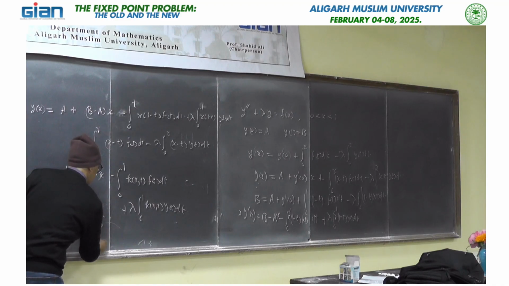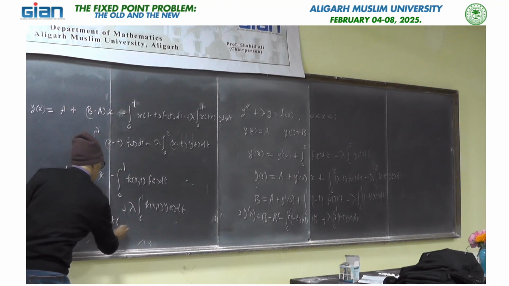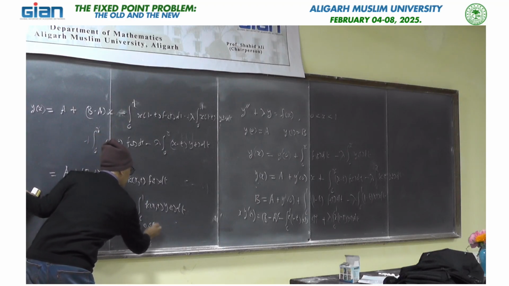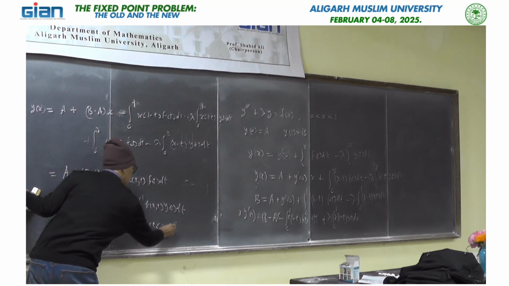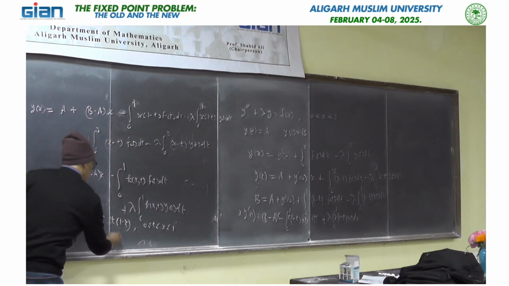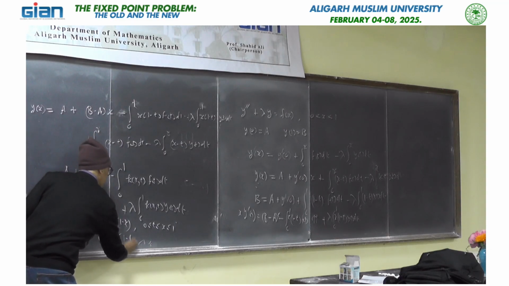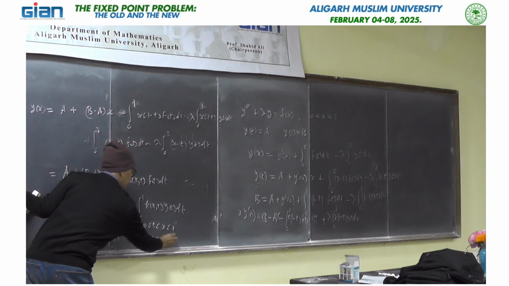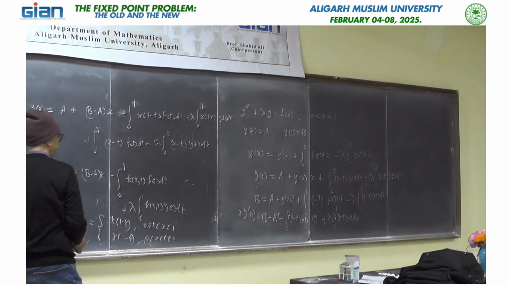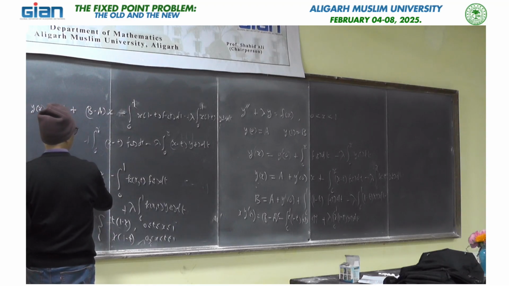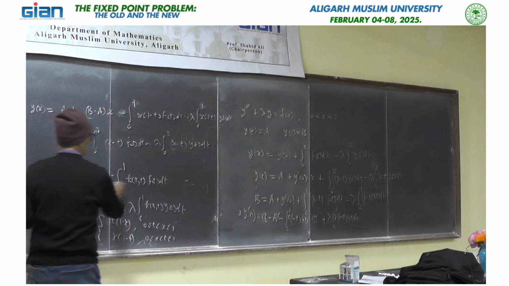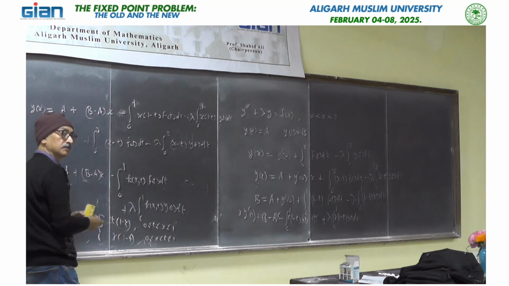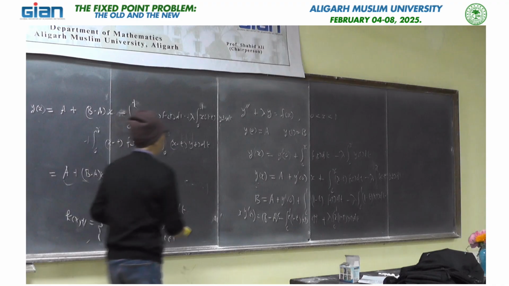So this is actually the kernel: this is t into (1 minus x) whenever 0 less than t less than x less than or equal to 1, and this is x into (1 minus t) whenever 0 less than x less than or equal to t less than or equal to 1. Okay. And the whole thing you can write as g x, and this is the integral operator part.